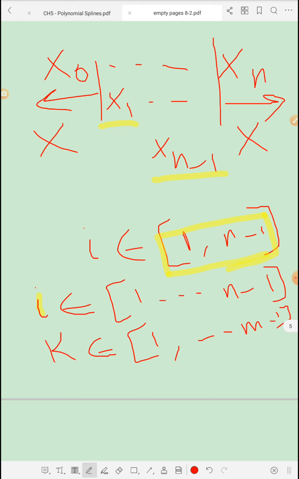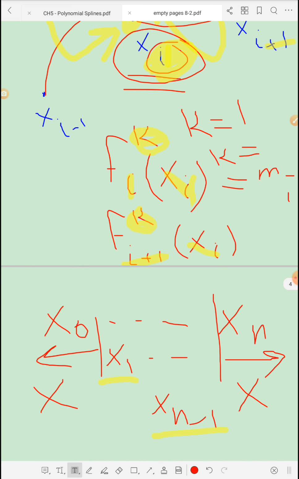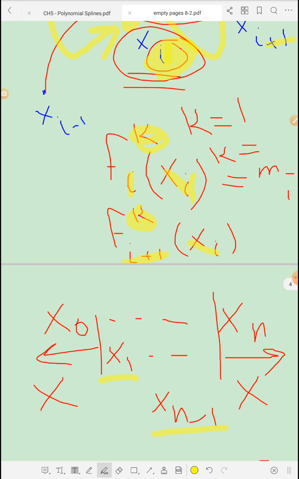So what is the total number of continuity conditions on the derivative? We call those conditions continuity conditions of the derivatives, which are those, as I have mentioned here.